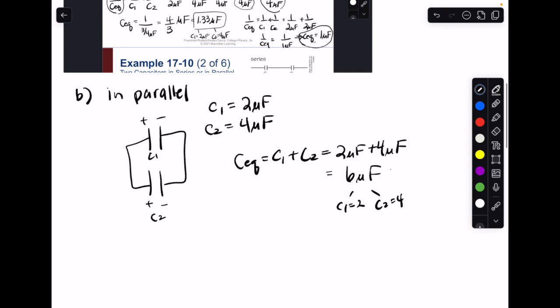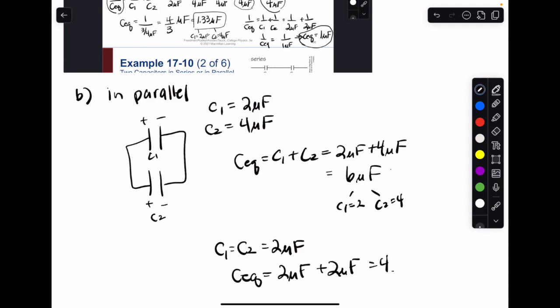If they are equal to each other, then we're going to get 4, right? Because we're adding 2 plus 2. That's for C1 equals 2 and C2 equals 2. All right, so in both cases, when you add capacitors in parallel, you get a greater equivalent capacitance than adding capacitors in series. Okay, and that's the general rule.